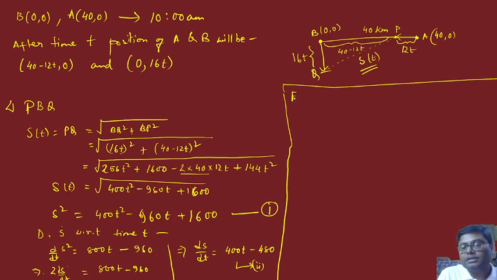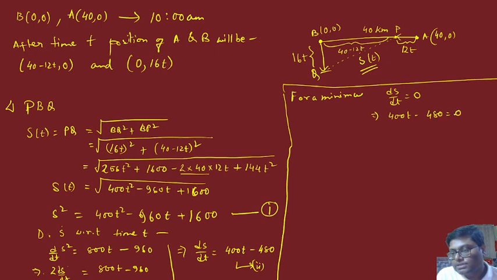For a minima, dS/dt equals 0. So from here we get 400t minus 480 equals 0, or t equals 480 by 400.